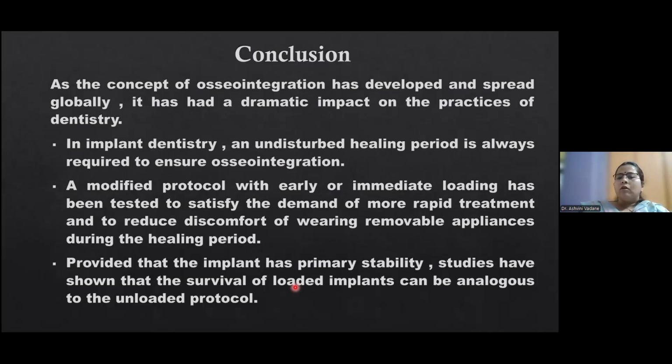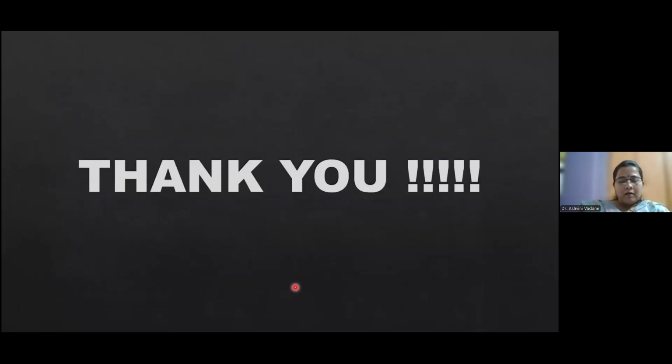A modified protocol with early or immediate loading has been tested to satisfy the demand for more rapid treatment and to reduce the discomfort of wearing removable appliances during the healing period. Provided that the implant has primary stability, studies have shown that the survival of loaded implants can be analogous to the unloaded protocol. So this is the conclusion of today's topic.